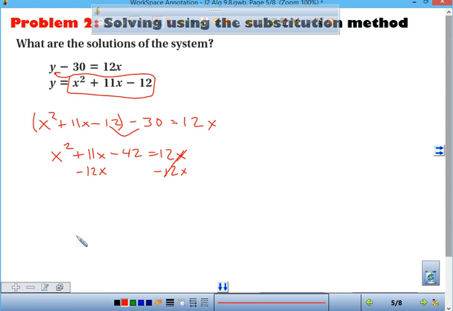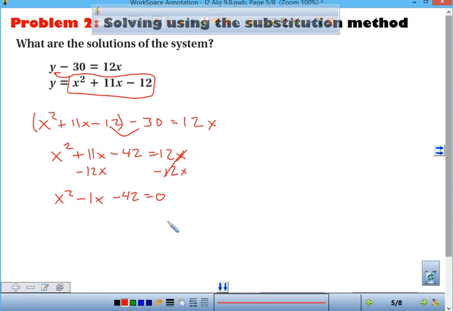Any guesses as to why we might want it equal to 0? It's a quadratic function. I heard a couple of you say that. That's good. Because it's a quadratic function, and we just took a test on how to solve quadratics, we're going to use one of our 5 methods to solve for x. So I subtract, and now I have x squared minus 1x minus 42 equals 0. I would always check, can I factor? Are there factors of -42 that add to give me -1?